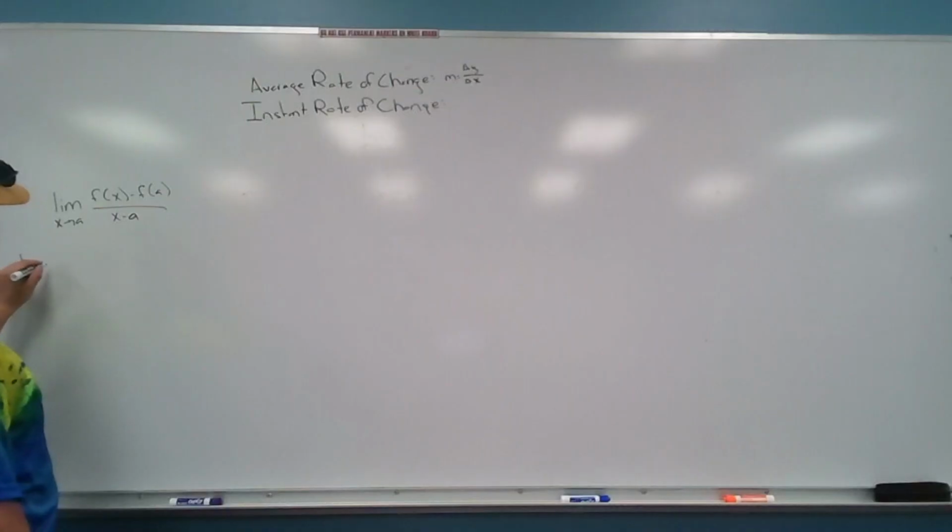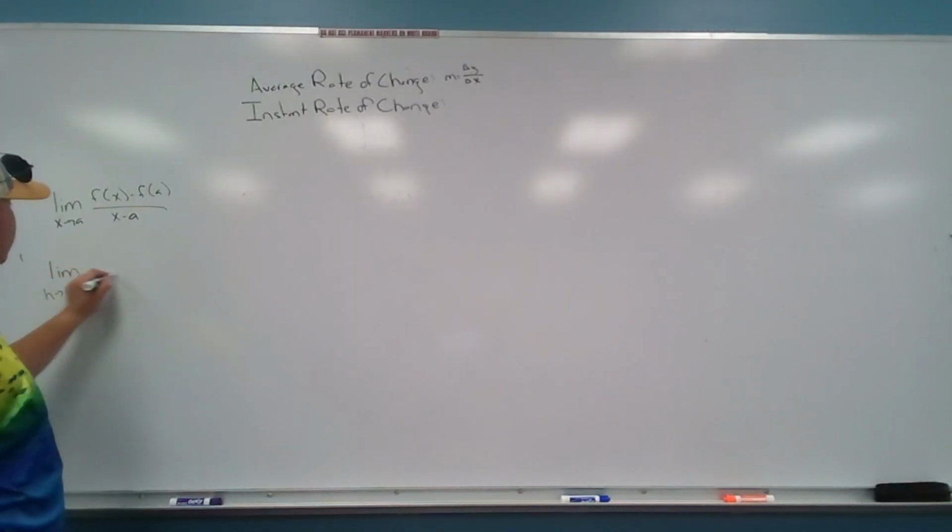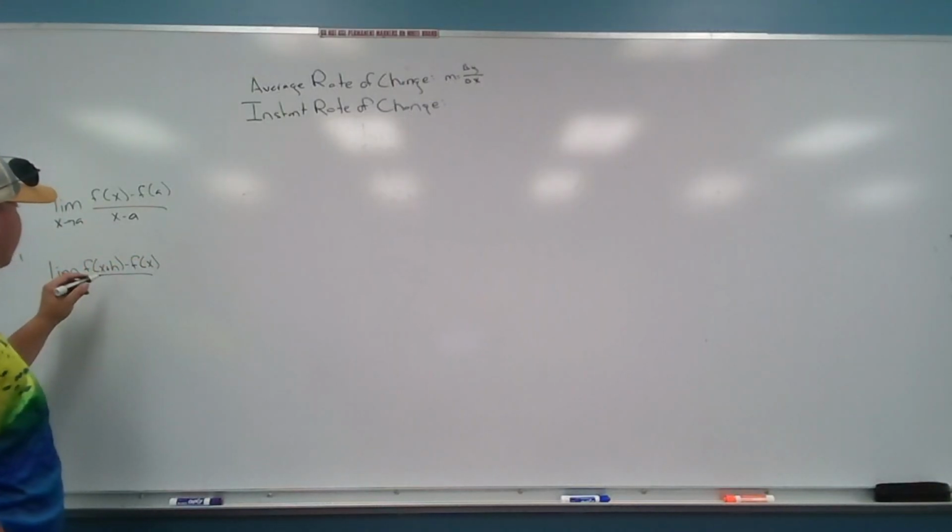And the second one is, as h approaches 0, f of x plus h minus f of x all over h.